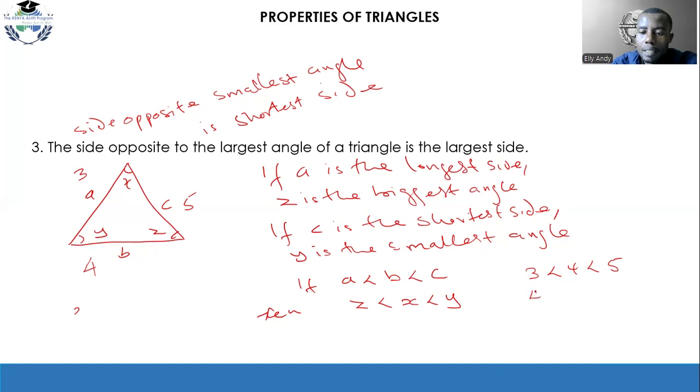Then we'll have 40 here, then 50, and 90 here.